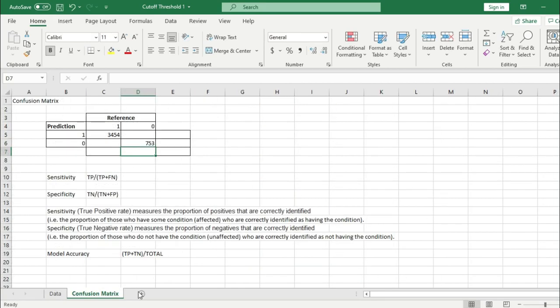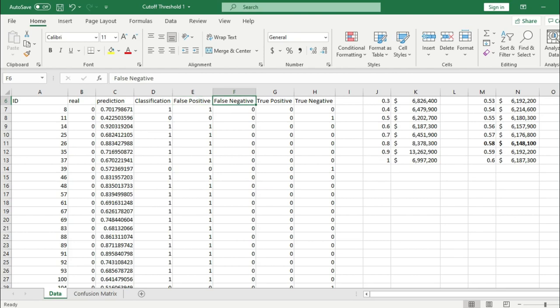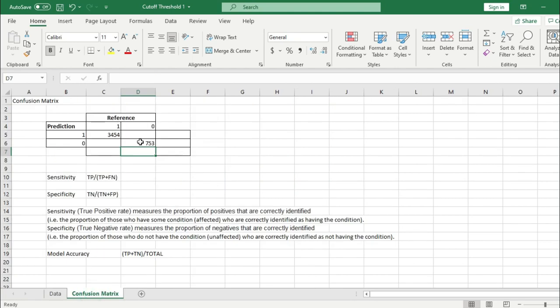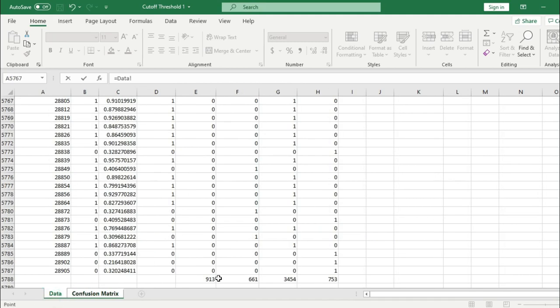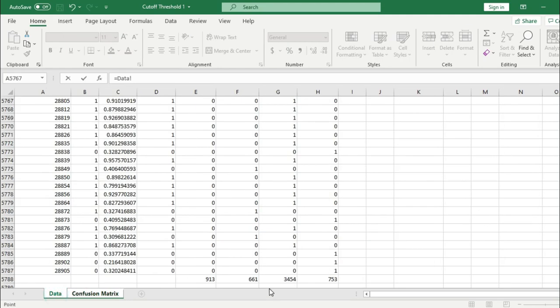753. And now let's see which are the false positive and false negative. The false positive will be the ones that we predicted as positive and they are actually negative. So these are the false positive. Let's look for it. This 913, and the false negative will be this 661.